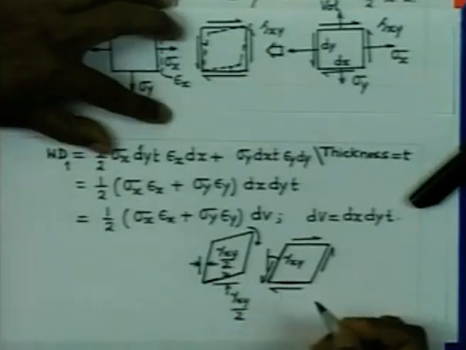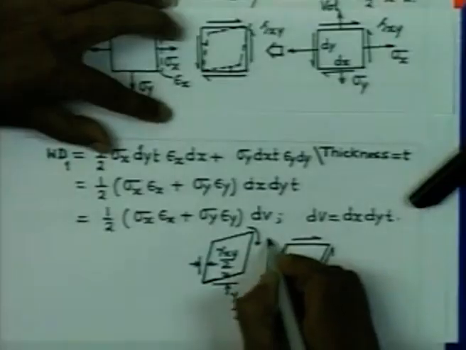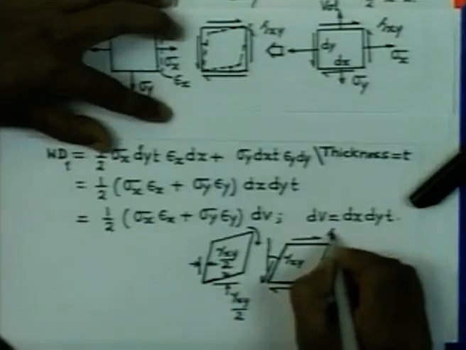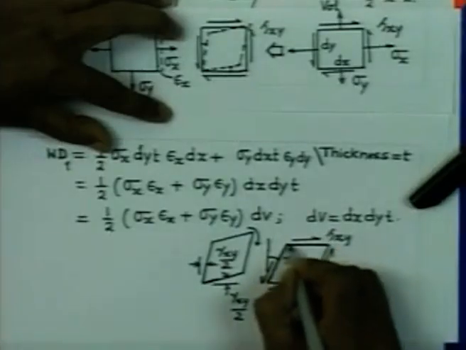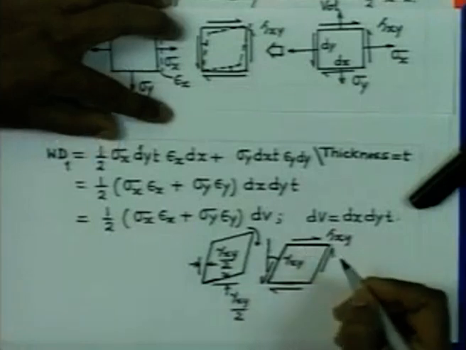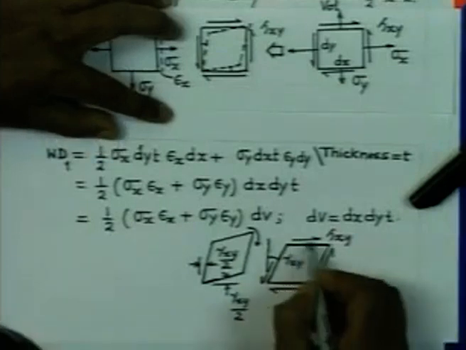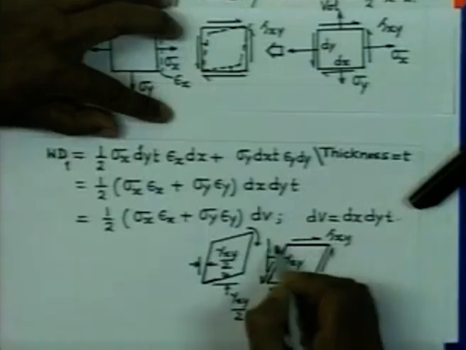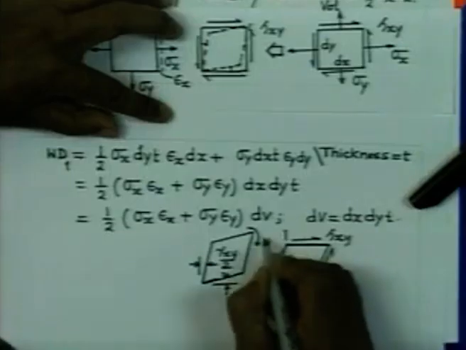this is how the stresses are acting on this element. Now, you will find that this stress tau xy which is acting on this face, the area of which is dx into t, is shifted by a distance of this much magnitude.